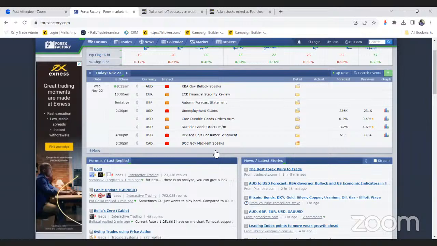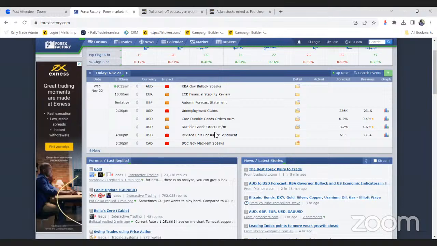And then by 5:30 p.m., the Bank of Canada Governor McClellan will be speaking. So we have 9:35 a.m., 2:30 p.m., 4 p.m., and then 5 p.m. These are high impact data that we expect to hold in the market for today.